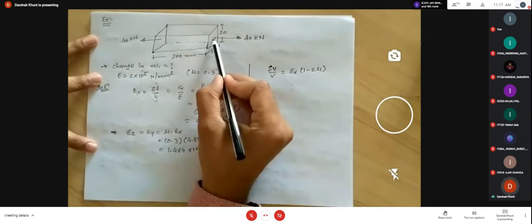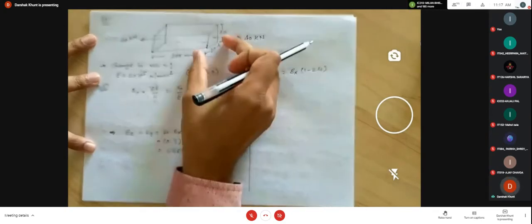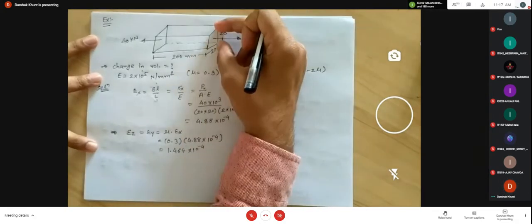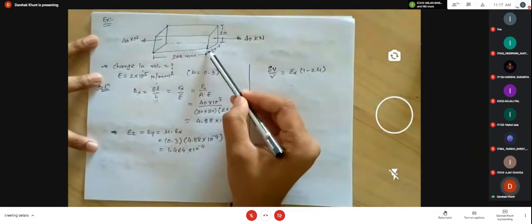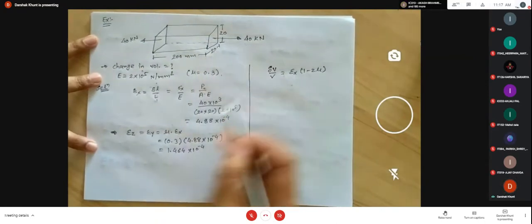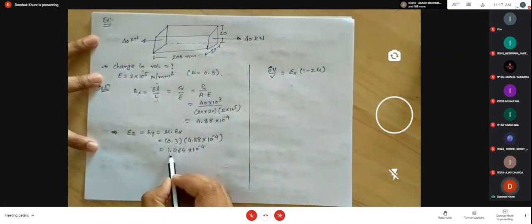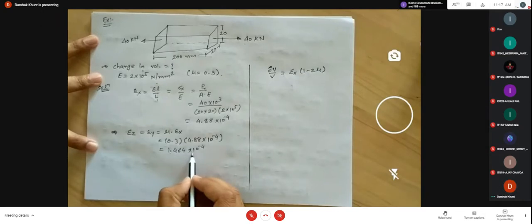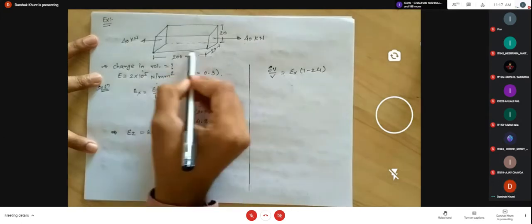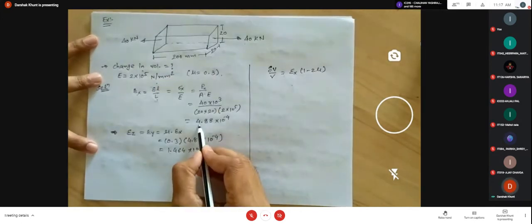Means under the effect of this 40 kilonewton, the change in the width and the change in the depth. Now, if the width is 1 meter, then under the effect of these forces, the decrease in width and depth is this per unit length, and the increase in the longitudinal direction is this per unit length.